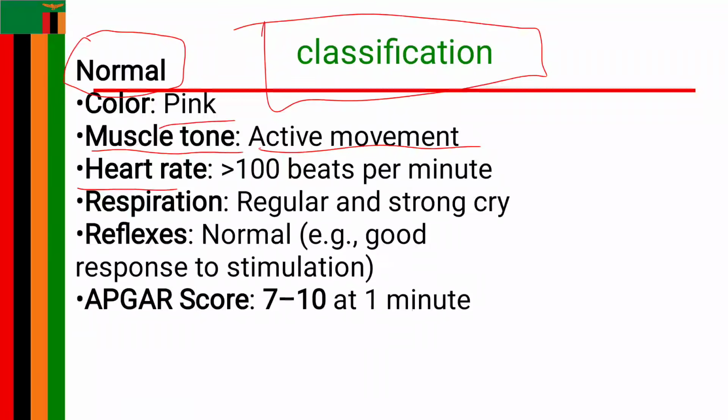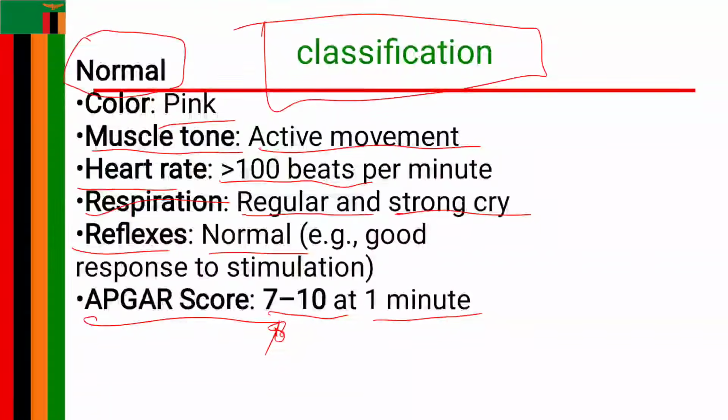Heart rate at least above 100 beats per minute. Respiration, at least they should be regular, and the baby should have a strong cry. Reflexes should be normal. At least the baby should have good response to stimuli, and the APGAR score should be between 7 to 10 at 1 minute. And sometimes, in some cases or some other hospitals will say 8 to 10, but 7 to 10 will still be considered normal at 1 minute, and this should improve after 5 minutes.